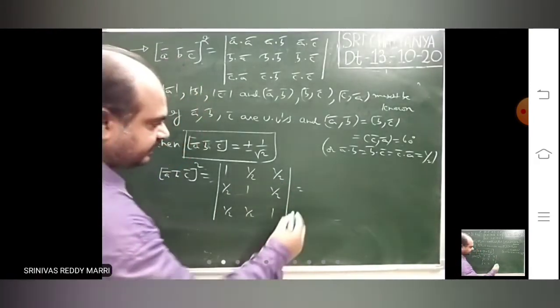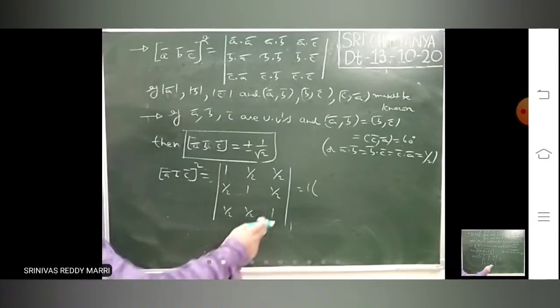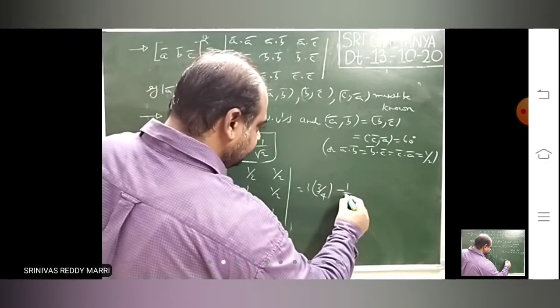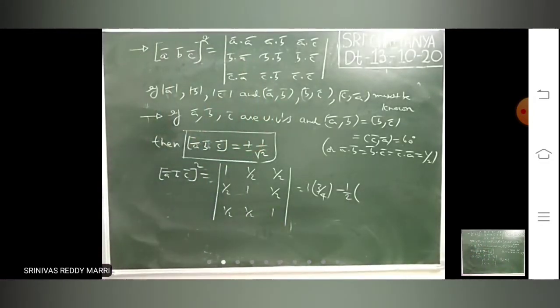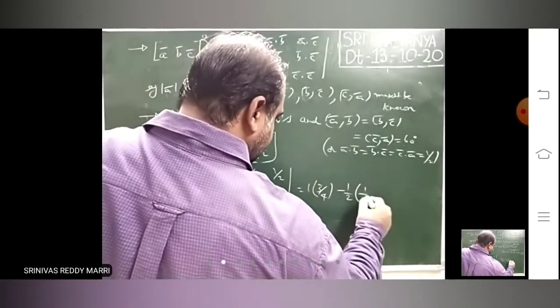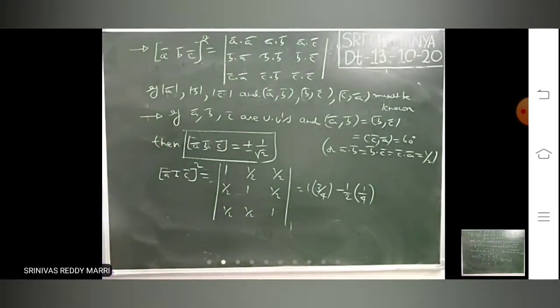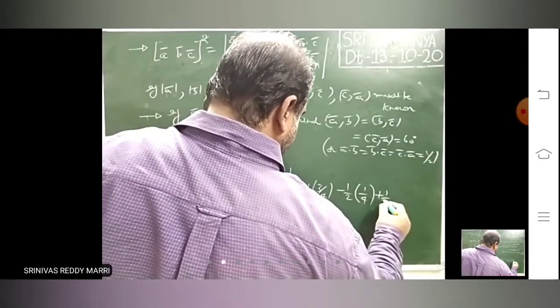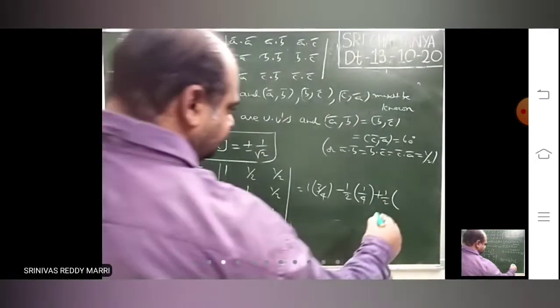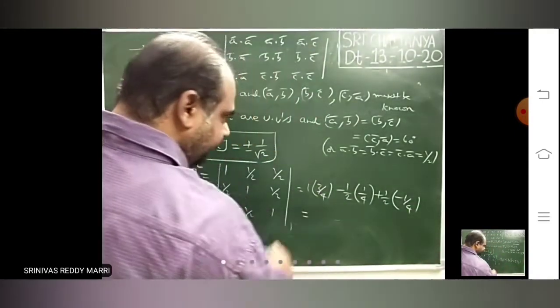You can calculate this determinant. Look at 1 into, so 1 minus 1 by 4, 3 by 4, minus 1 by 2 into, so 1 by 2 minus 1 by 4, so 1 by 4. So plus 1 by 2 into, so what you will get, 1 by 4 minus 1 by 2 minus 1 by 4.